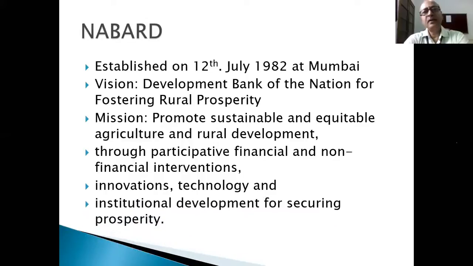And finally, one important role is institutional development. I told you that all the development institutions, all the four that I've discussed, have one critical role, that of development, that of coordination. By institutional development, what is meant is the rural financial ecosystem that has so many players, and everybody knows that they are not in good health.